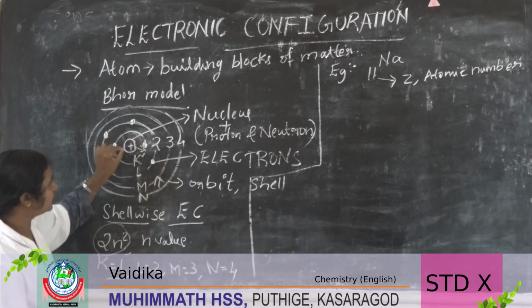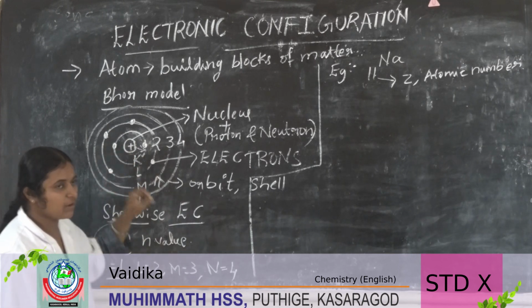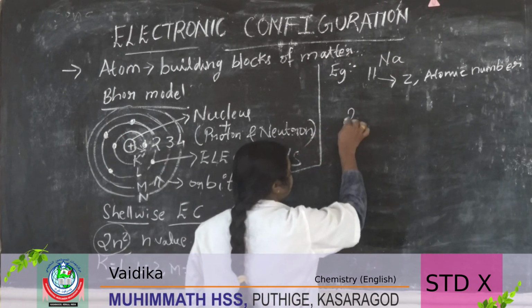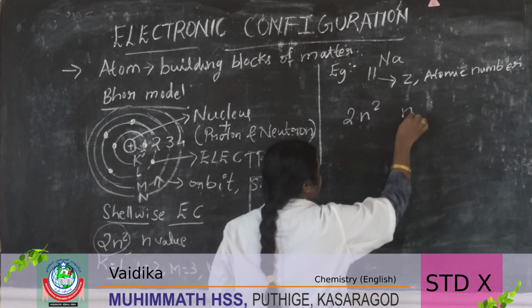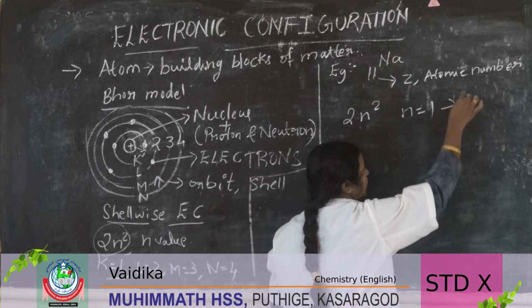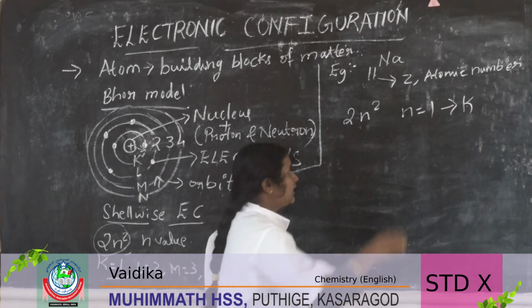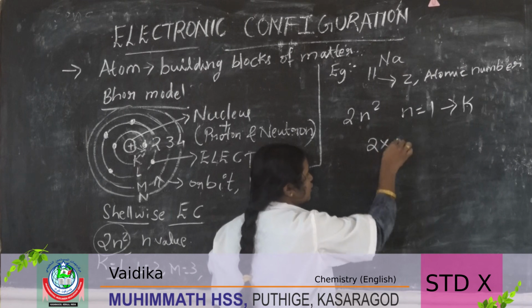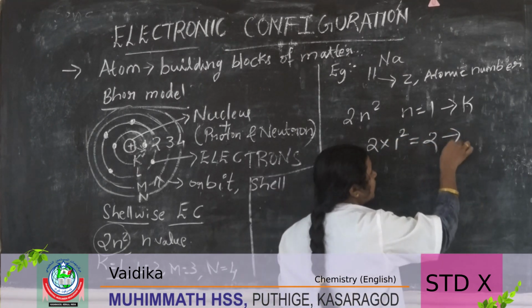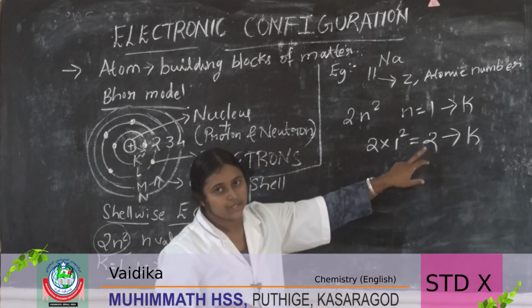So how many electrons are present in the K shell or L shell? How can we find out? By using this formula, 2n square, right? For the K shell, n equals 1. Let us substitute the value. You will get 2. In the K shell, the number of electrons will be 2.